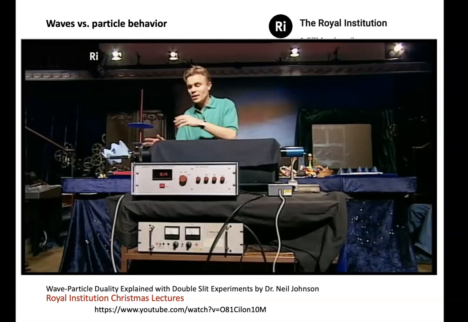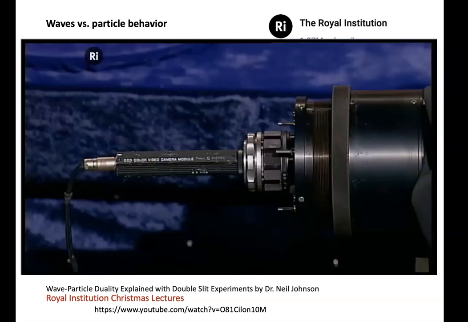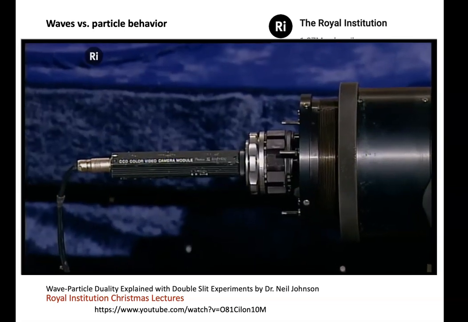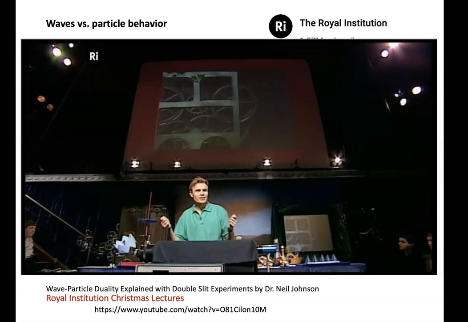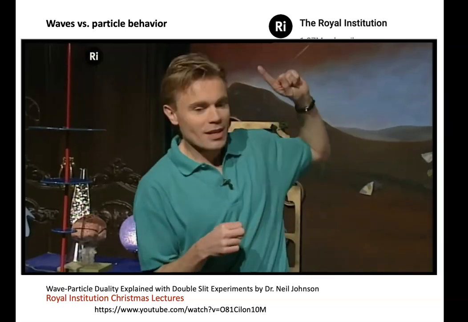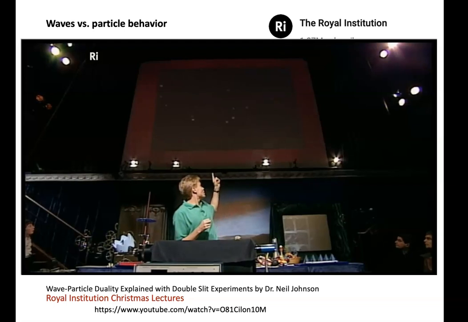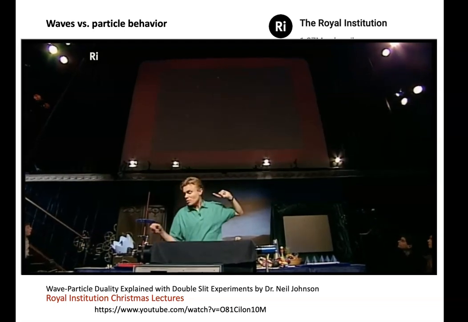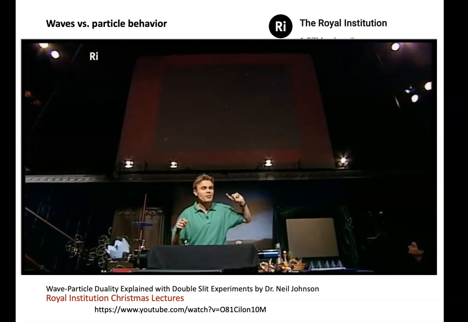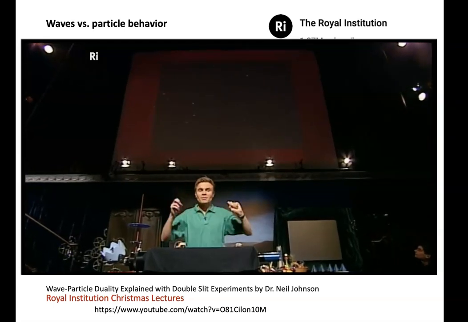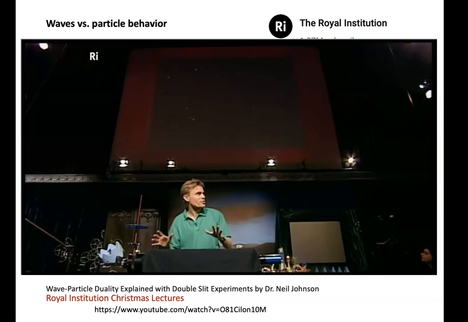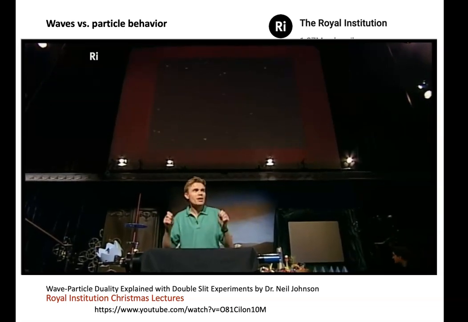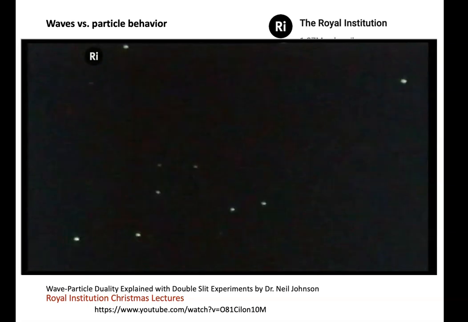Instead of a screen over here, we've actually got a camera because this detects really low levels of light. I'm going to see what we see. Actually, up there on the screen, you can see what the camera's picking up. The first surprise is it's picking up dots, blips. This is light traveling through this, but it's arriving as blips, like the sand, as particles.